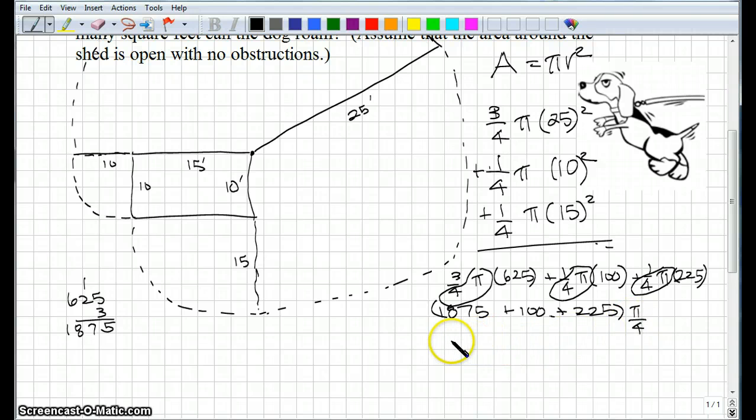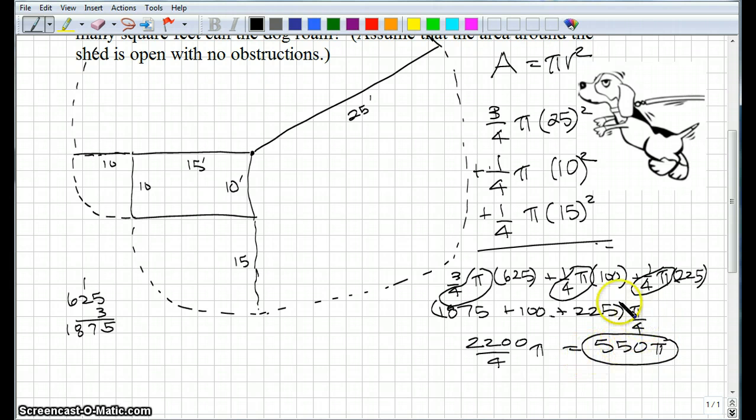All right, so what have we got? This ends up being 2,200 over 4 times pi, and if we divide 2,200 by 4, we get 550 pi. So that's the answer.